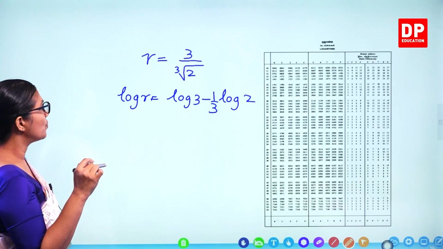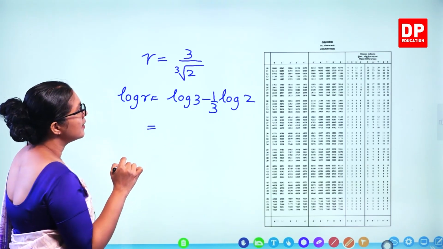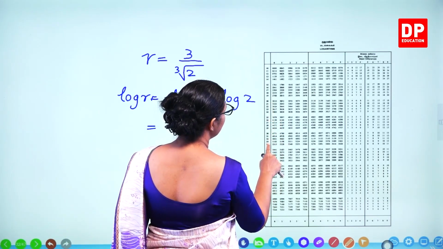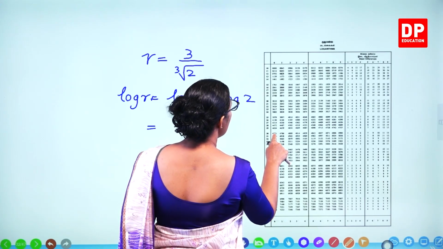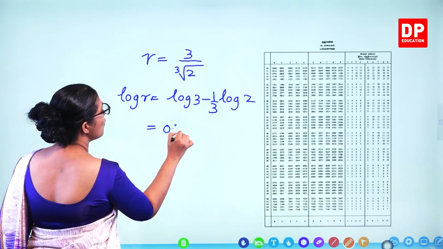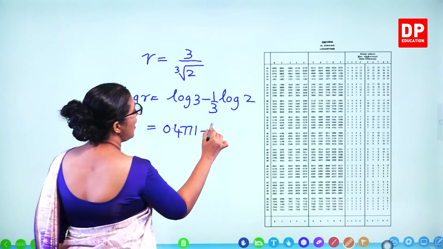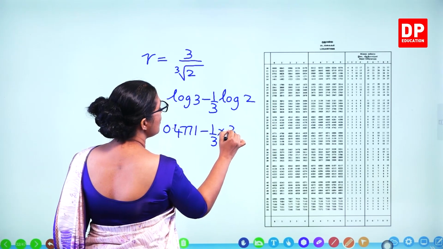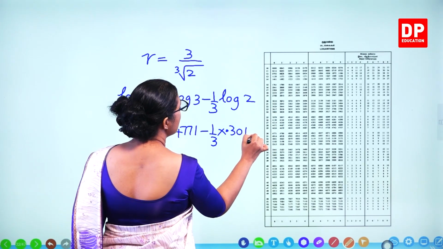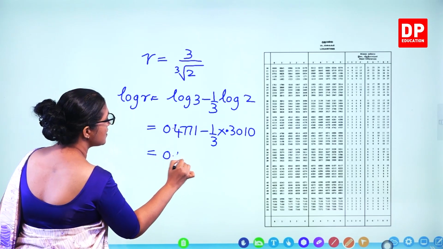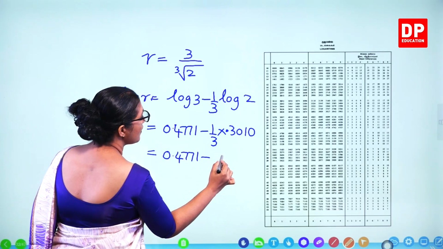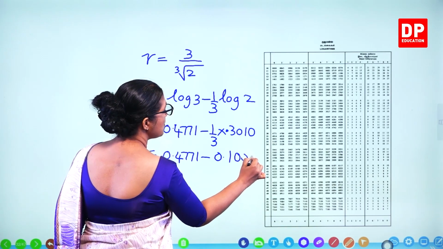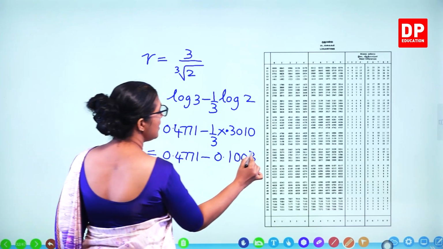Using the logarithmic table, log 3 is 0.4771 and log 2 is 0.3010. Divide by 3 first: 3 times 3 is 9, and for 10, that's 3.